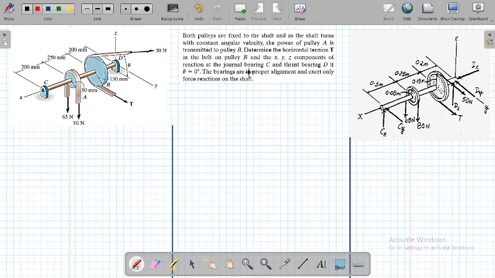Where is the object? This is the journal bearing, and what is he saying? The XYZ components.